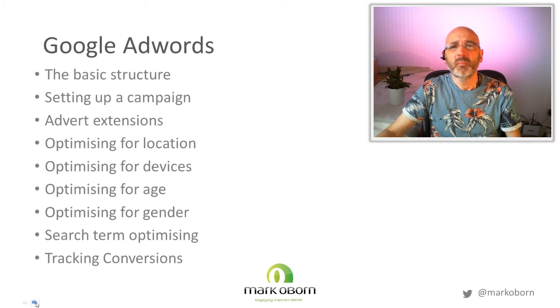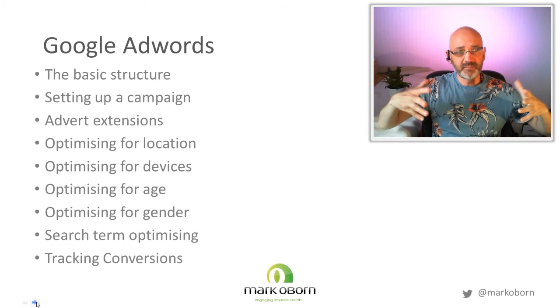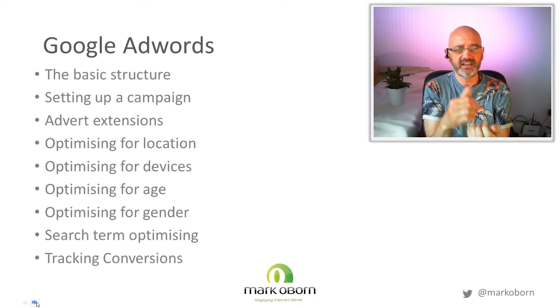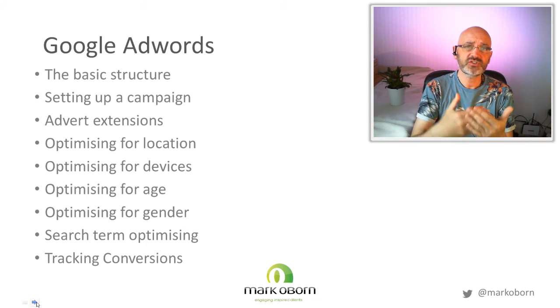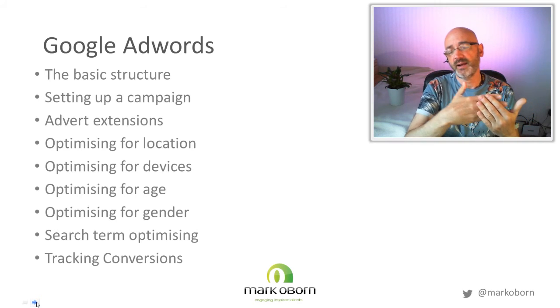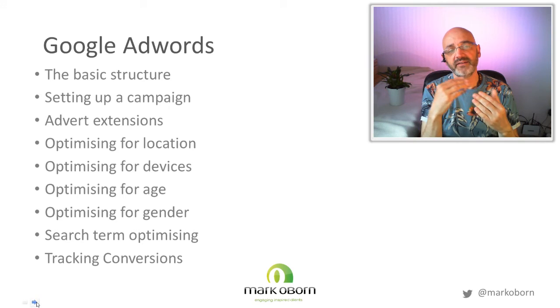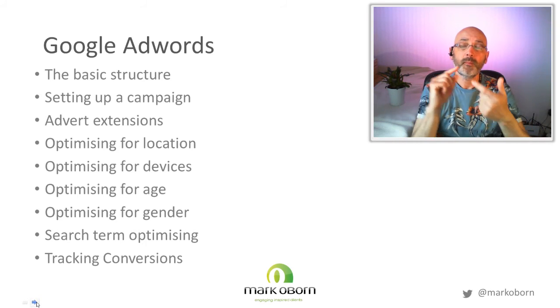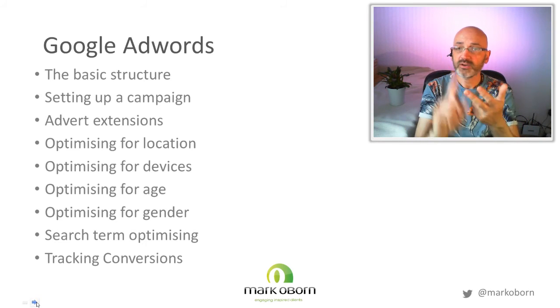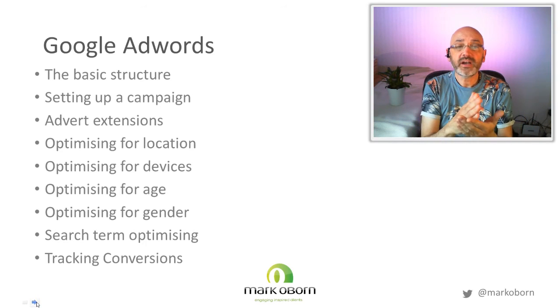So wow, boy, have we got through an awful lot. We've looked at creating a basic campaign, setting up a campaign, putting in your advert extensions, so extensions to the request an appointment page, perhaps to the offers page, having the advert extensions for calling, for message extensions, for location extensions, optimizing for location.